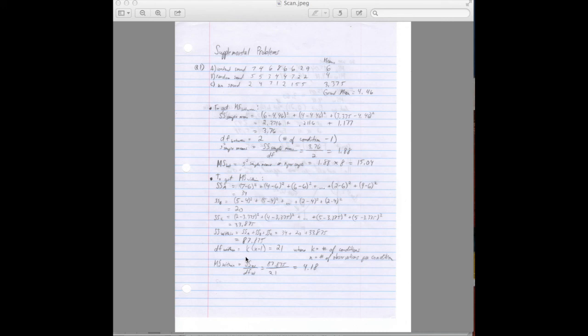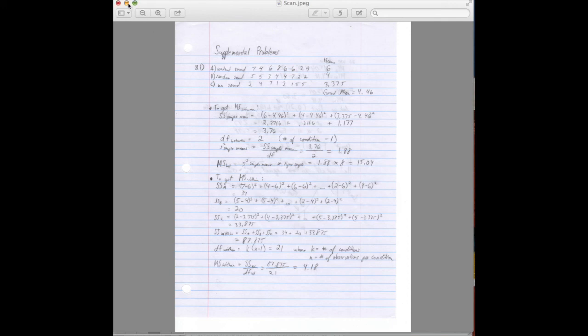So 3 times 8 minus 1, so 7, is equal to 21. And then again, to get the mean square within term, you get sums of squares within over degrees of freedom within, and that gives you 4.18.